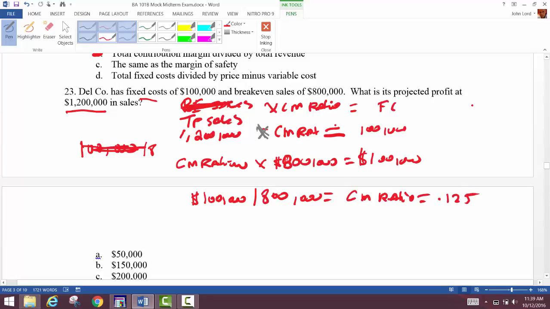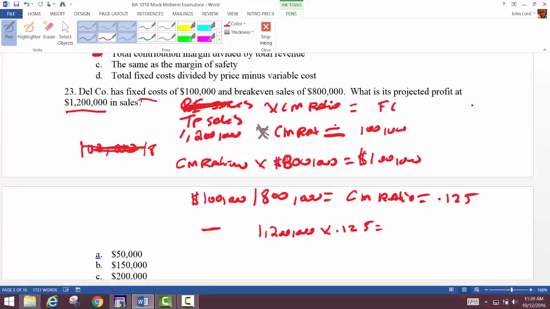So now that I know that my contribution margin ratio is 0.125, that means that if I have a target profit sales of 1,200,000, and my contribution margin ratio is 0.125.